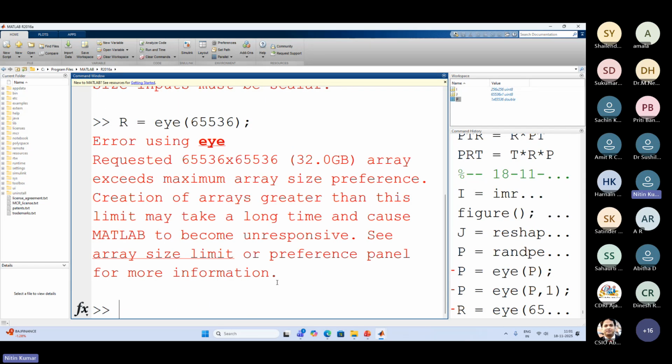Now this needs 32 GB, so I take a smaller example. Say I take 500.